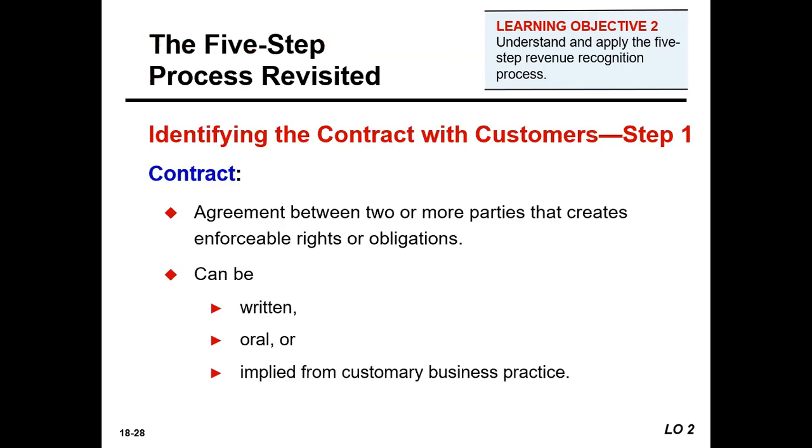A contract is simply an agreement between two or more parties that creates enforceable rights or obligations. It can be written, oral, or implied from customary business practice.